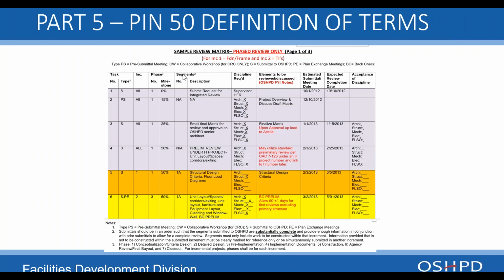The description of the segment, which disciplines are required to review, any detailed elements that are in this description, the estimated submittal meeting date, the expected review completion date, and we do have a column here for use by the industry if they want to keep track of who's approved these portions. And there are some additional definitions down here.